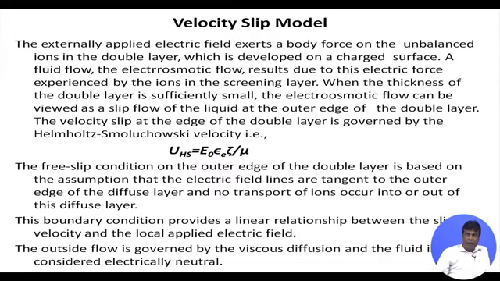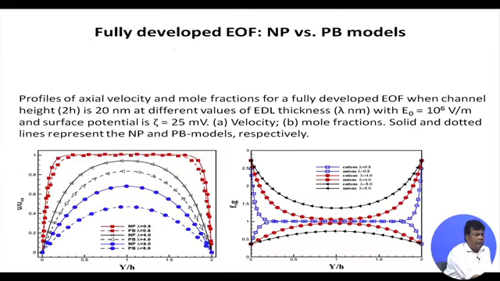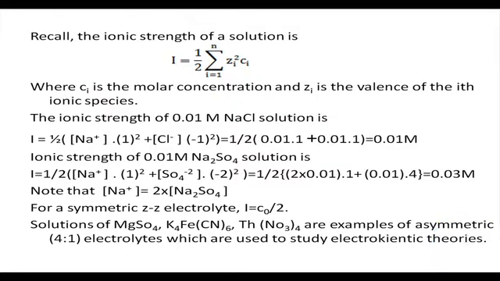Now, if we look into the limitations, here you see we have considered the binary electrolyte, and we define the ionic concentration this way.